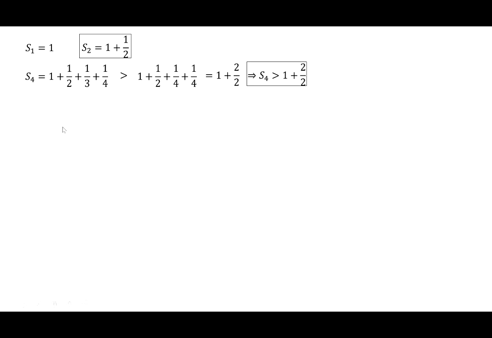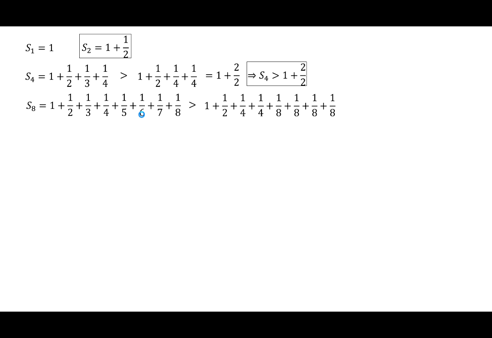Okay. And then I'll jump to S sub 8. S sub 8 is the sum of the first 8 terms, which are this. And I'll replace 1/3 with a 1/4 like I did in the previous case, and also 1/5, 1/6, and 1/7 with a 1/8, each of them with a 1/8, and then say, this must be bigger than that.